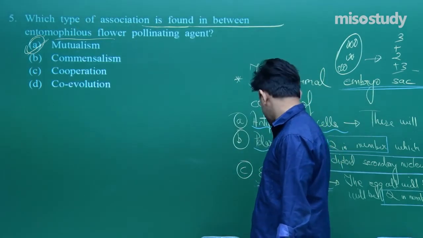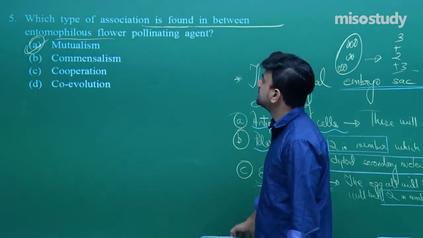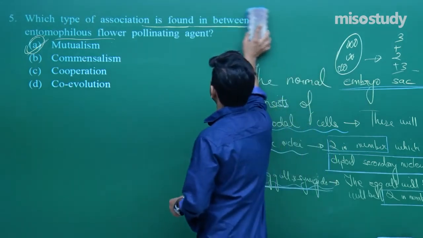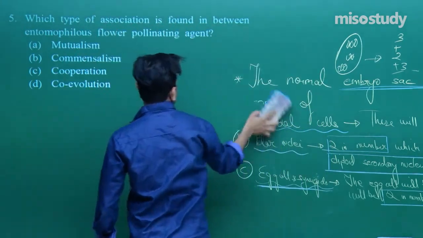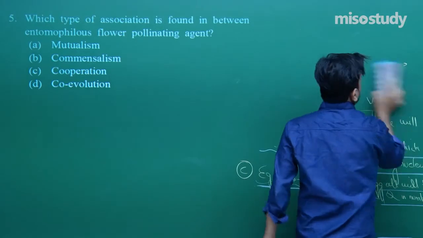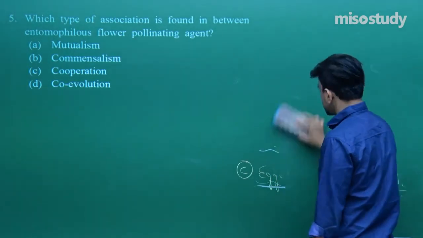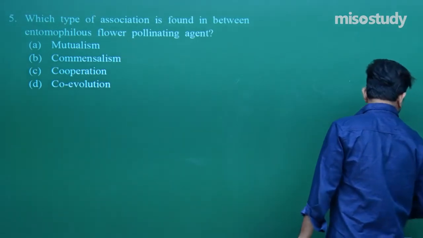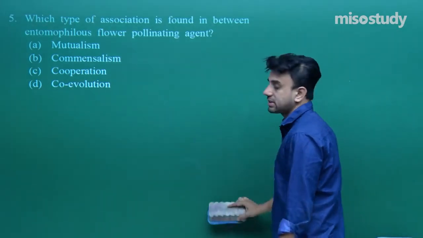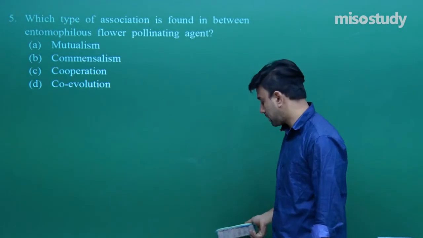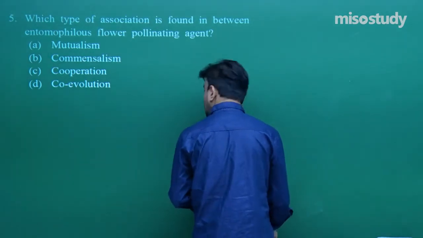Which type of association is found, I think this is relatively easy, between the entomophilous flowers? What are entomophilous flowers? Flowers which are pollinated by insects.